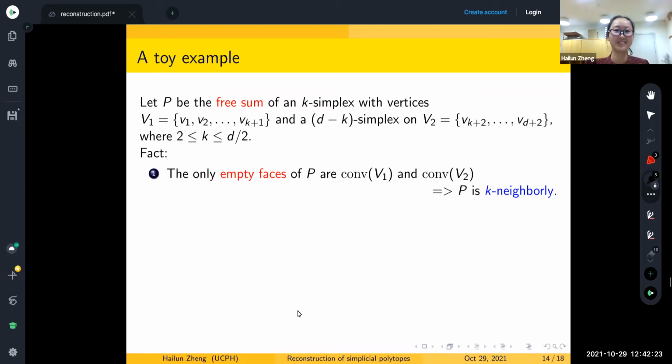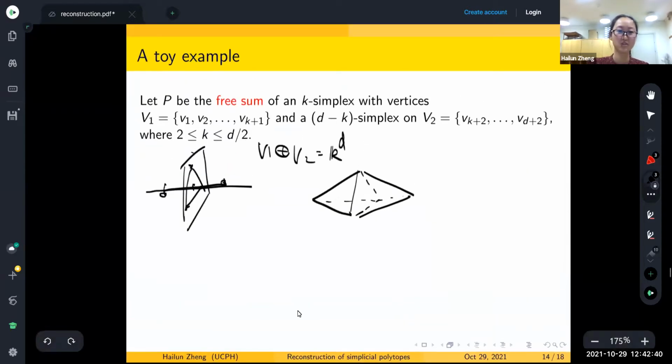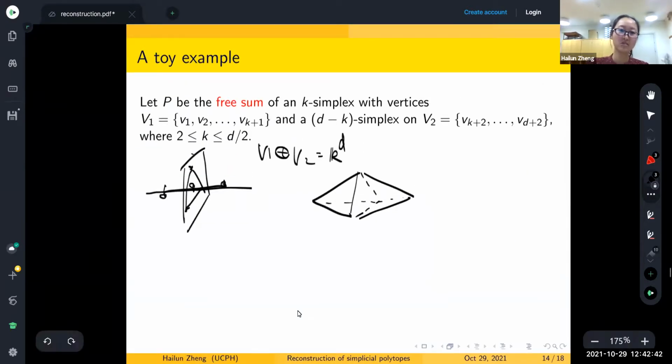So the first fact that you could find is that the only empty faces of P are the convex hulls of B1 and B2. I'm just saying that these two simplices will be in the interior of the polytope. This is really true in this picture, right? Because you know that the origin is actually in the interior of both this triangle and also the line segment.